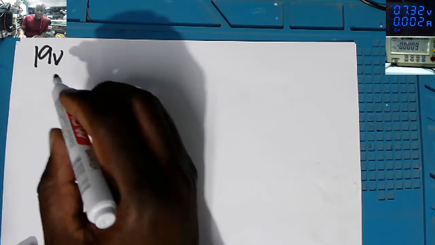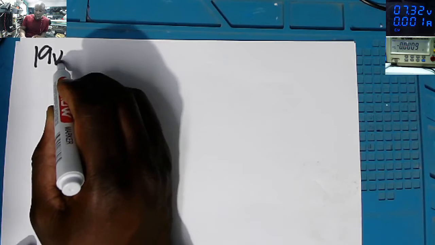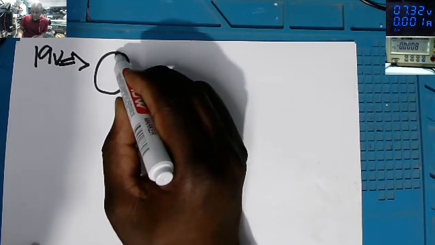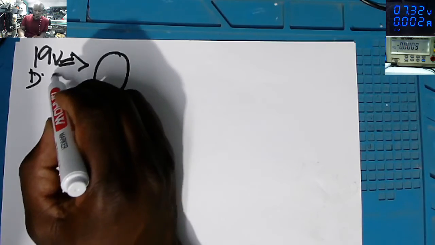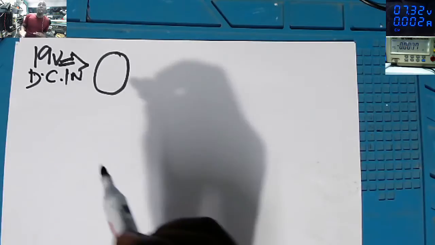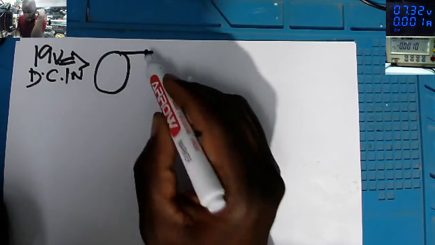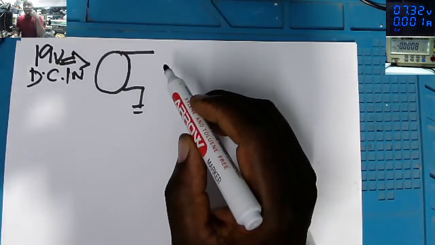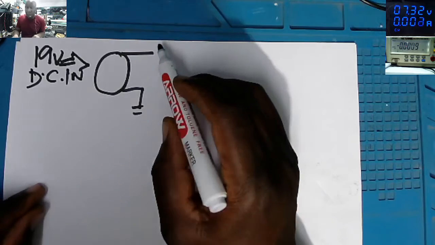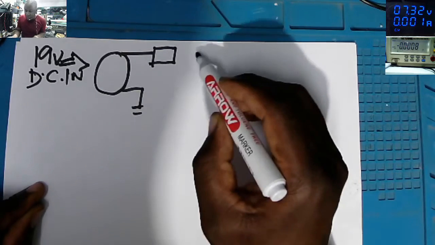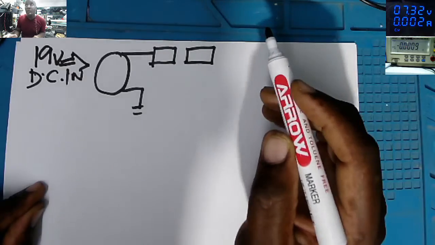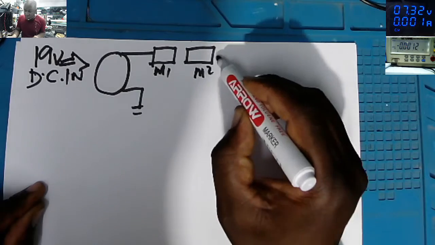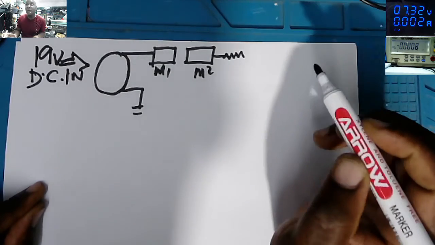This 19 volts, the DC in from the charger, is going to the charging port. We have plus, we have minus, and on the plus we have two MOSFETs in serial mode, M1, M2, and we do have the current sensor.